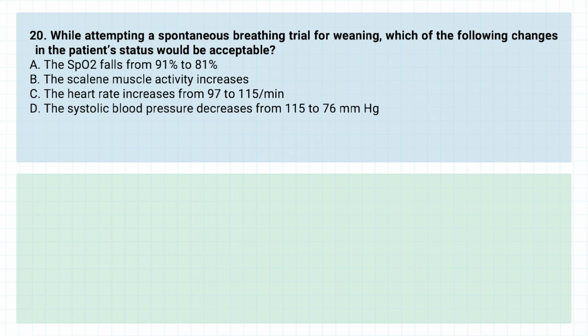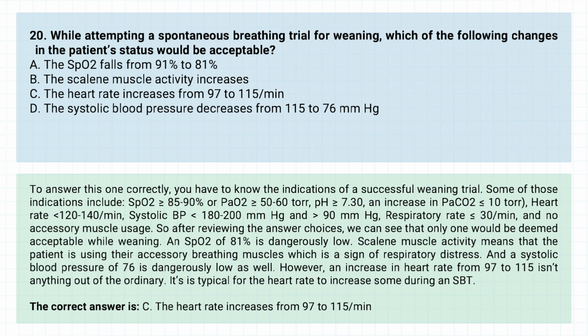The correct answer is C. The heart rate increases from 97 to 115 breaths per minute. To answer this one correctly, you have to know the indications of a successful weaning trial.